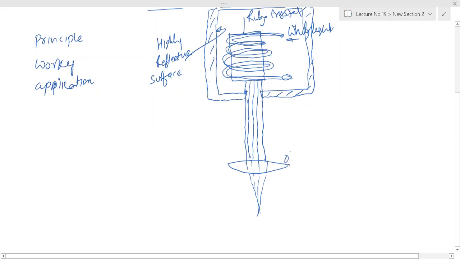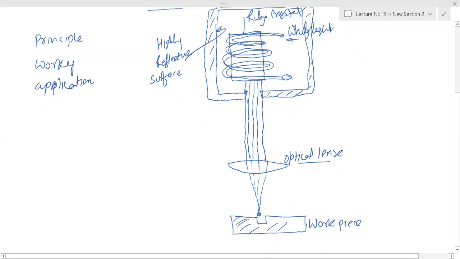So it is your optical lens, because we are dealing with light. By changing the position of this lens, we can change the spot, and finally where we want the machining, there it will be focused. This is your workpiece. This is the optical lens.